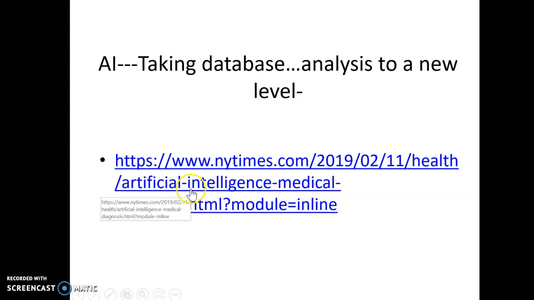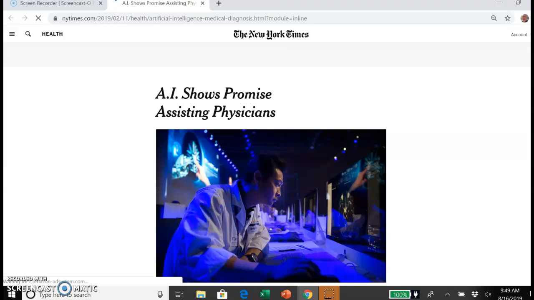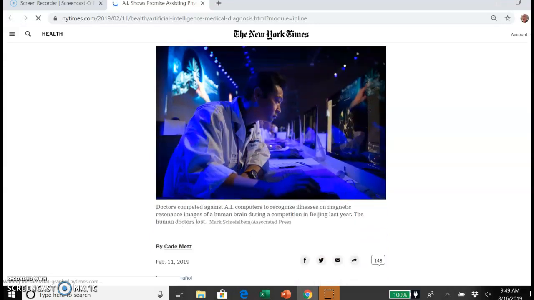And this is an article from my favorite publication, which is the New York Times, talking about artificial intelligence. Artificial intelligence basically being incredibly powerful computers with lots of data, being able to do analyses about cause and effect.